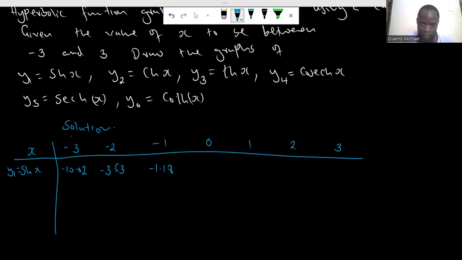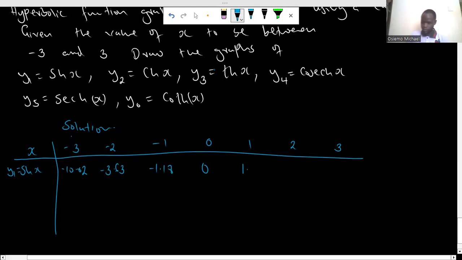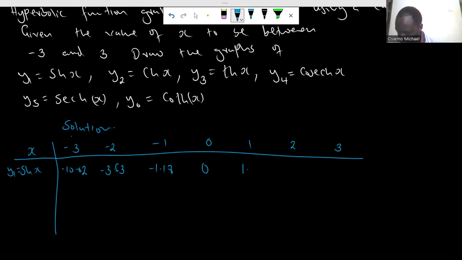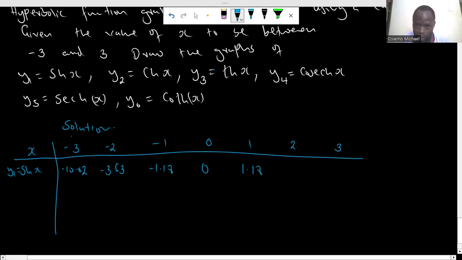Sine hyperbolic of 0 is 0. Then you have 1.18, 3.63, and 10.02.